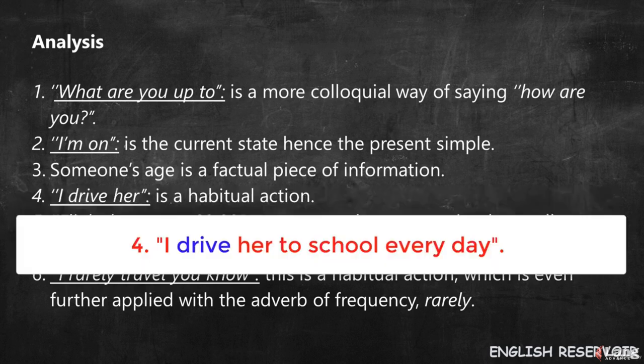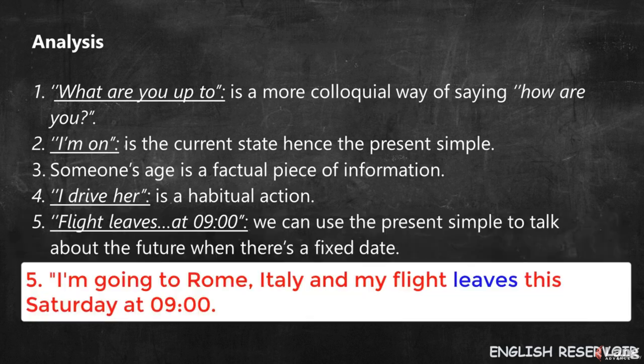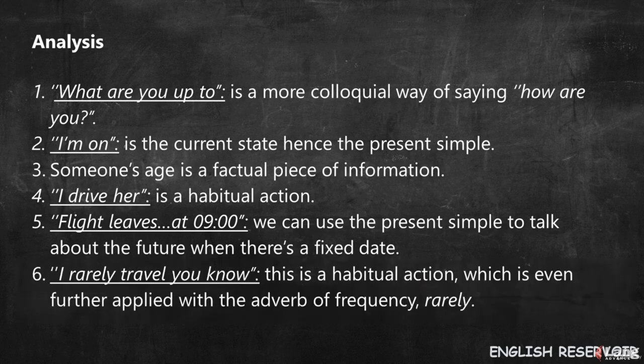I drive her is a habitual action. 5. Flight leaves at 9. We can use the present simple to talk about the future when there's a fixed date. 6. I rarely travel, you know. This is a habitual action, which we know because we have the adverb rarely.